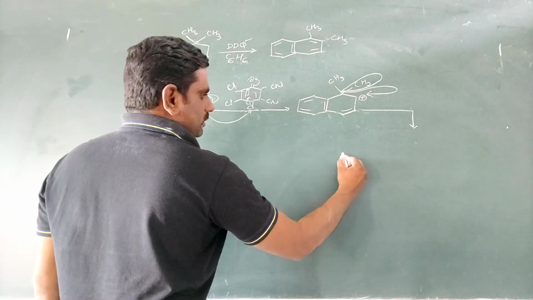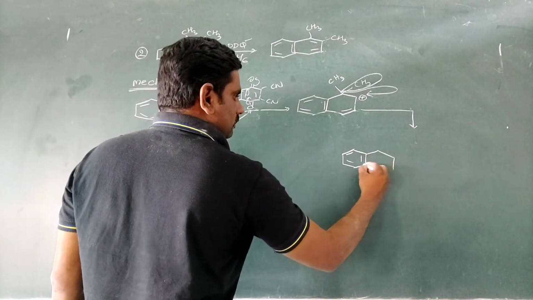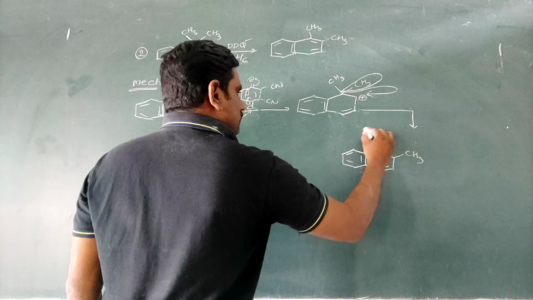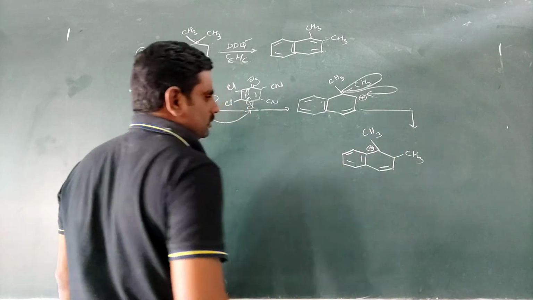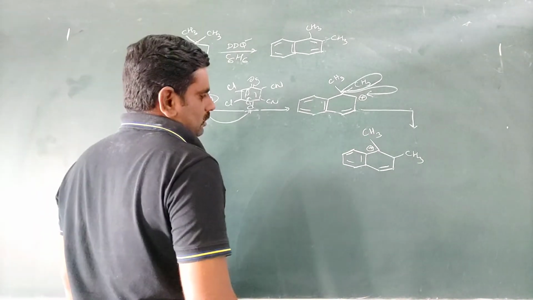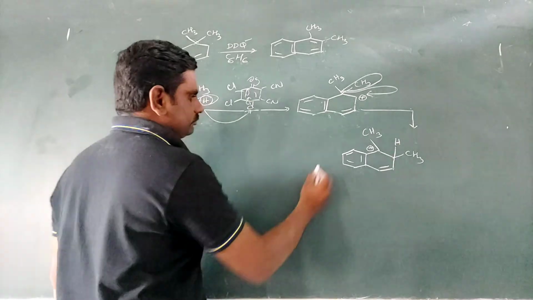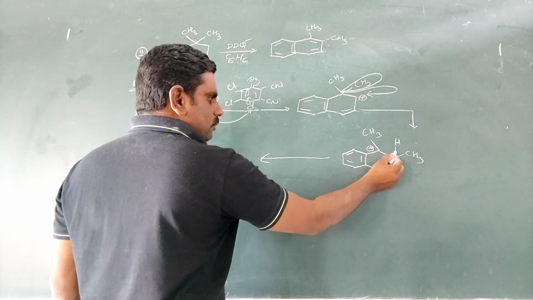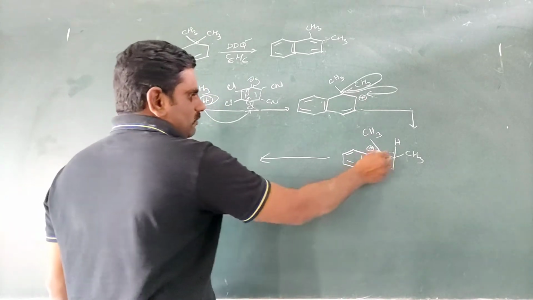So I write the compound. Here the methyl group is there, CH3 is there, and the positive charge, and here a hydrogen is also present, you know. So the hydrogen is adjacent to this carbonium ion. So what happens? Double bond formation takes place.